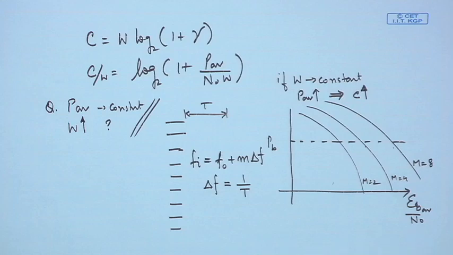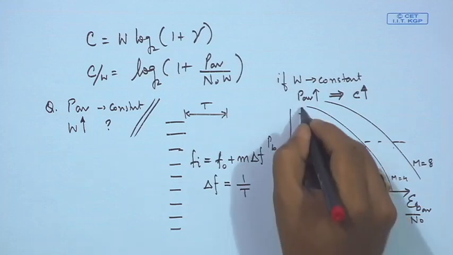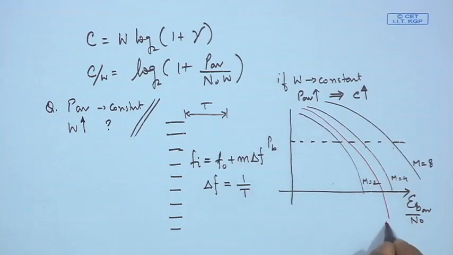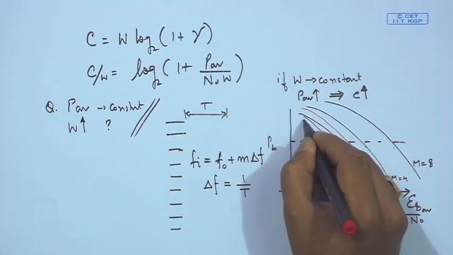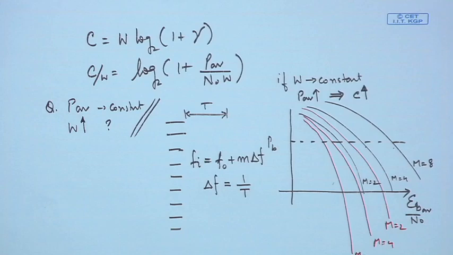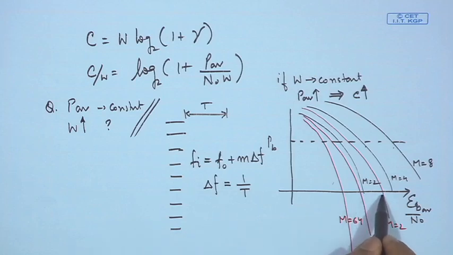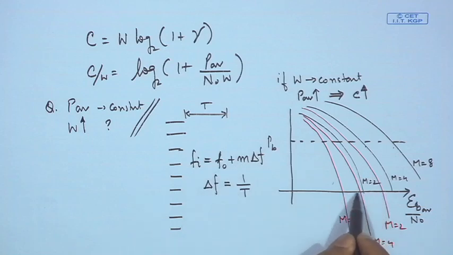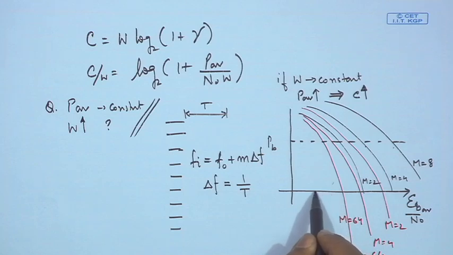And there we had seen that as we increase m, the curve shifts in the reverse direction. So, that means if we keep PB constant, as we increase K, the EB requirement reduces, right.